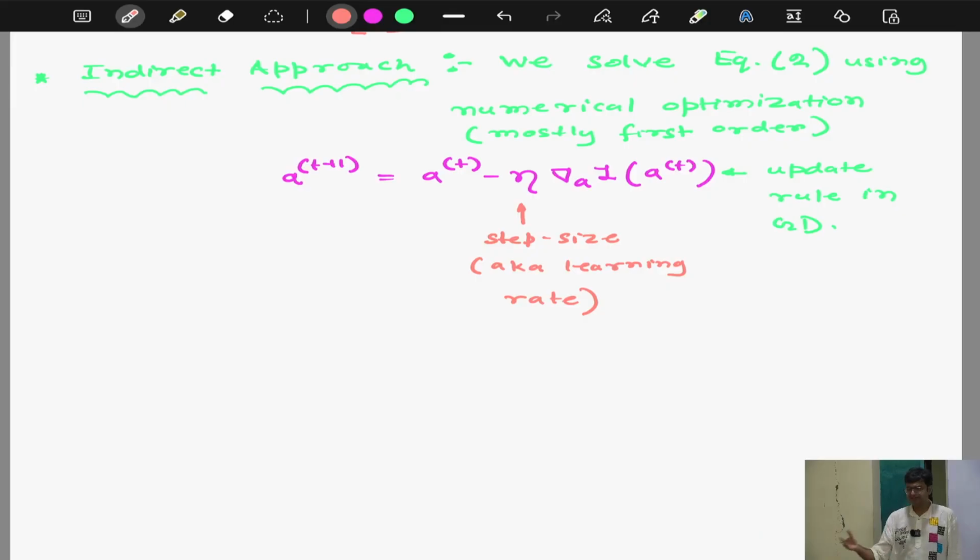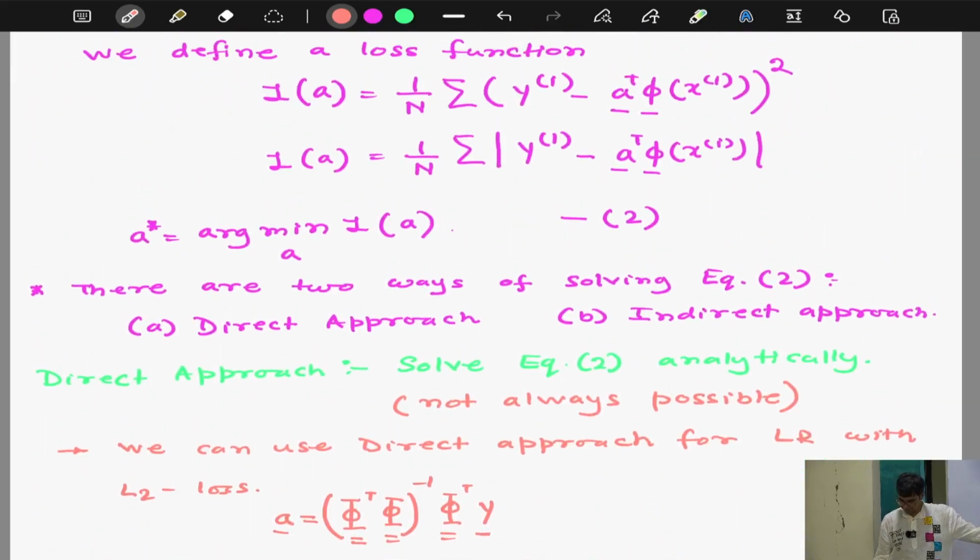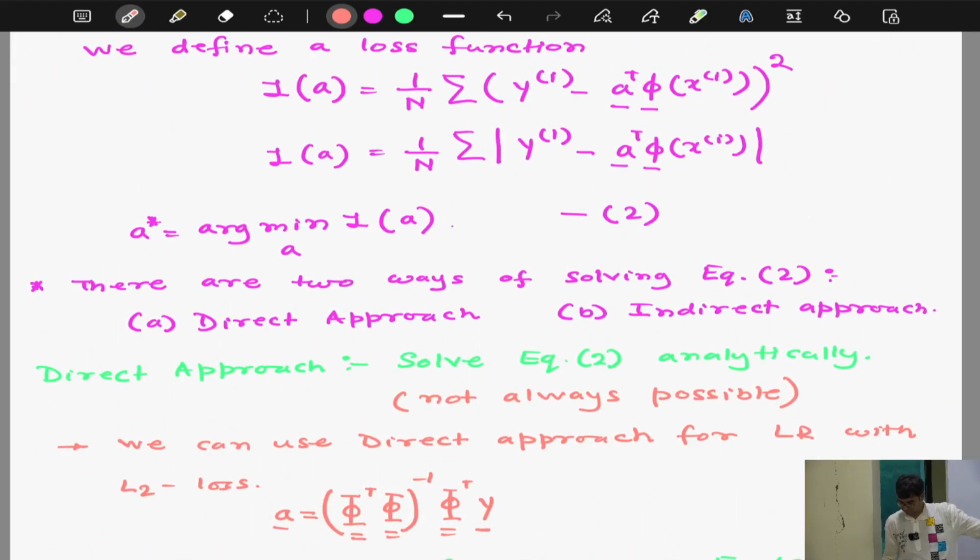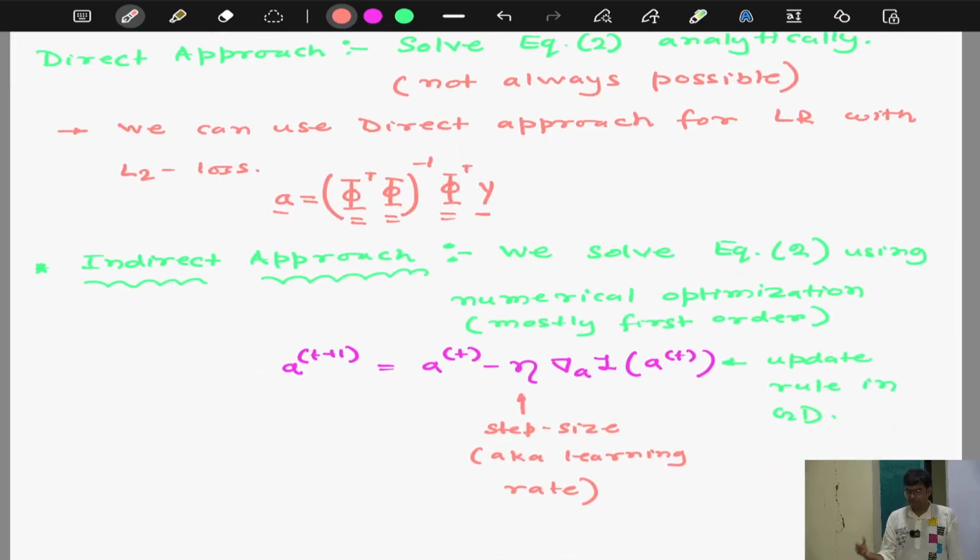So this is the indirect way of solving equation 2, which is this one. And this is your step 3. Step 4, I will not even care to write, you will just use equation 1 and make predictions. So in general, in supervised learning at least, also in most unsupervised learning, there are 4 stages. Stage 1 is data collection.